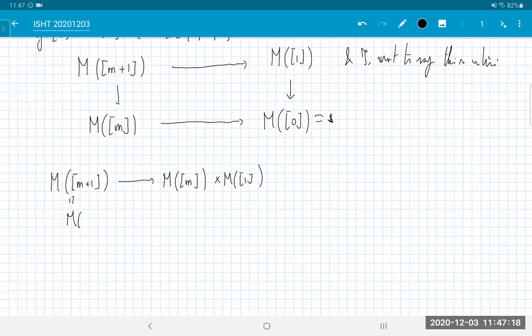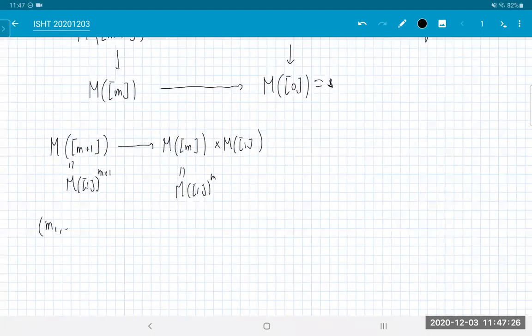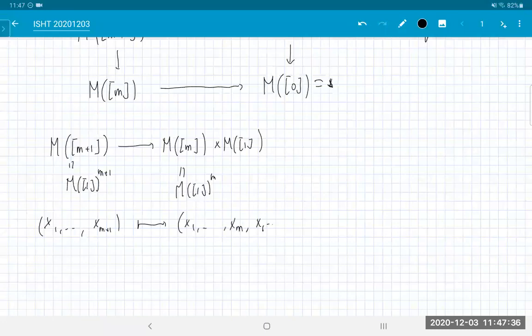But in the end, this map should be, so you can identify M of 1 to the m, and this map corresponds to the map that, if you allow me to write it diagrammatically, sorry, x_1 through x_{m+1} goes to x_1 through x_m, and then puts the product.